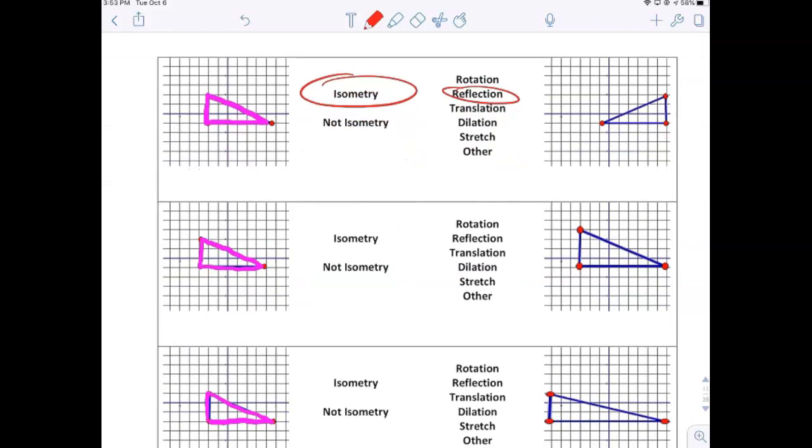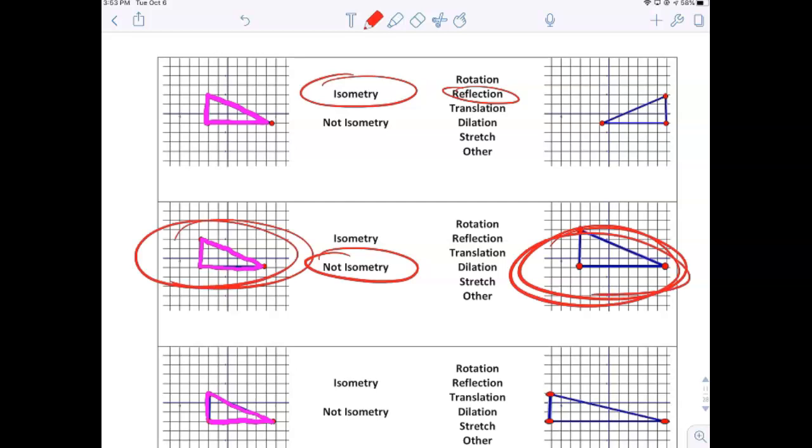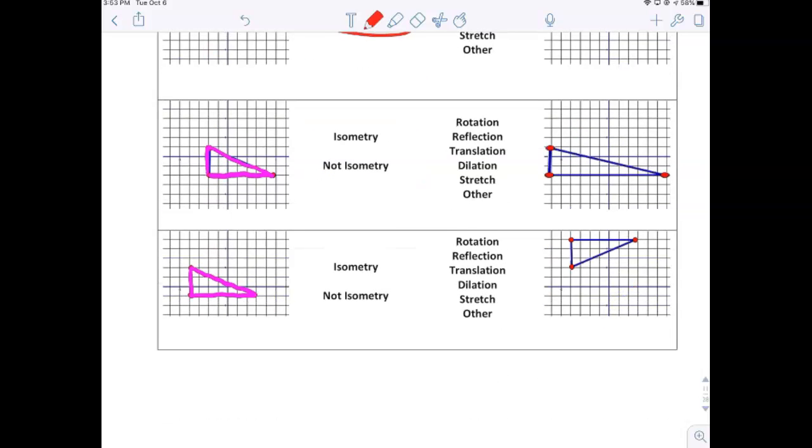Right away with this one, I'm going to circle no, because I can tell that this one is bigger than this one. It's either a dilation or a stretch, and honestly, we don't really need to talk about the difference in those 2 yet. That's down the road. This one, I can tell it's a stretch because if you look at it, it's still 3 boxes high on both sides, but clearly it changed on the bottom only.